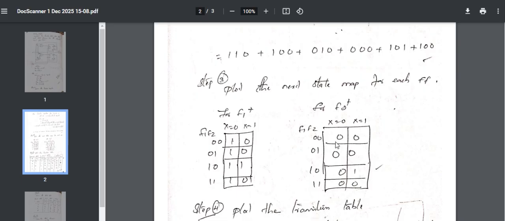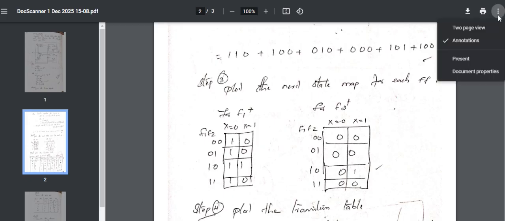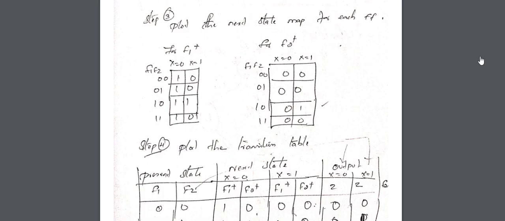So this is your step 3. Now coming to step 4, that is, plot the transition table.